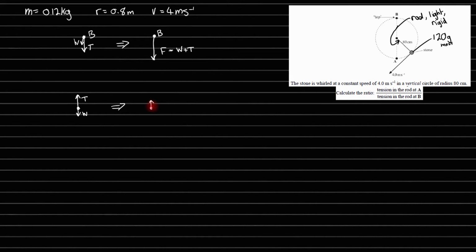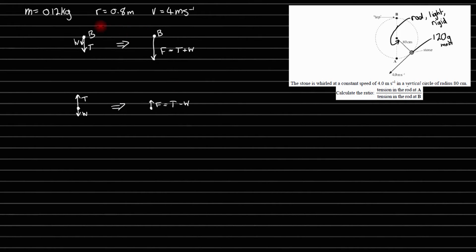This time we can qualitatively see that this would be smaller, and that would be the centripetal force. In this case, the centripetal force upwards is going to equal the tension minus the weight. Maybe up here it would be better if I did this more consistently, so that the centripetal force equals the tension plus the weight.